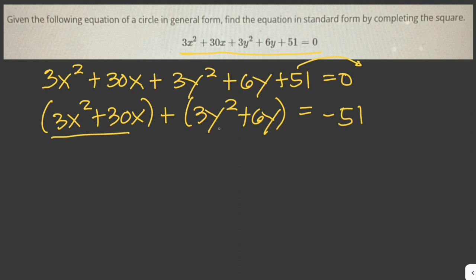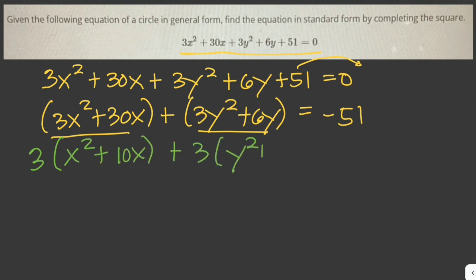Then we factor out 3 here. So this would become 3 times (x squared plus 10x) plus 3 times (y squared plus 2y) equals negative 51. And then now we can complete the square.